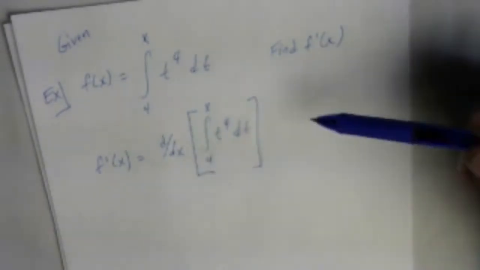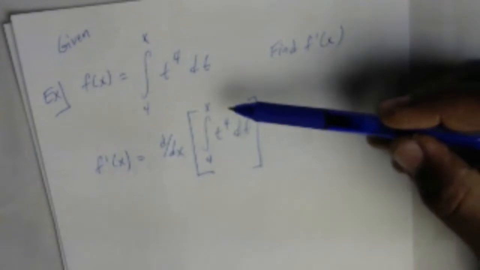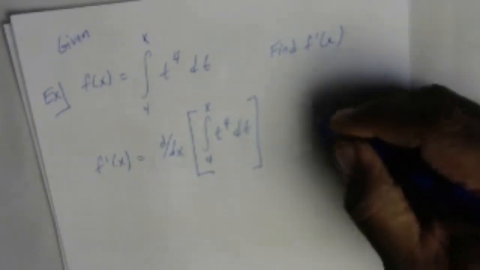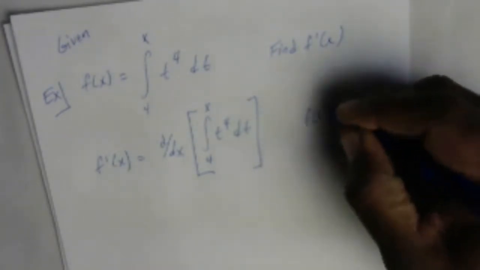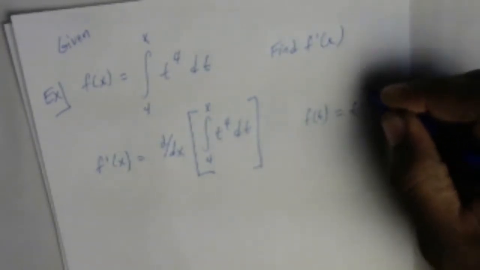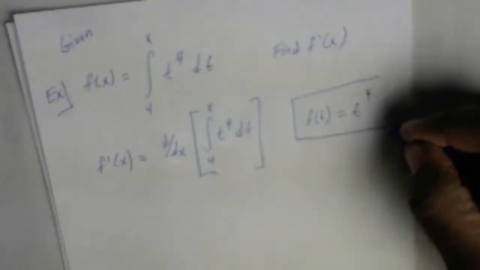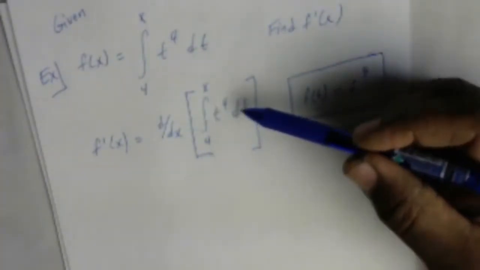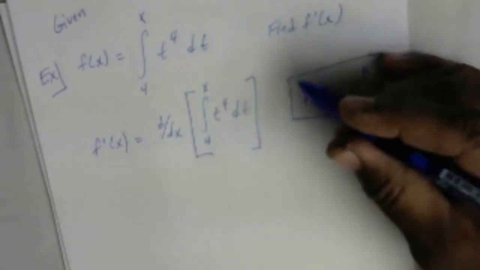So the only thing I did here was take the derivative for both sides. From my right-hand side, notice that I'm given my integral and I'm given my function. The function is in terms of t. So I'm going to pull out this fact: I know that f of t should equal t to the 4th power. I'm going to put that in a box. I'm going to make a substitution.